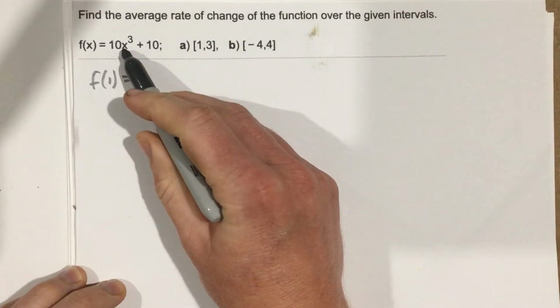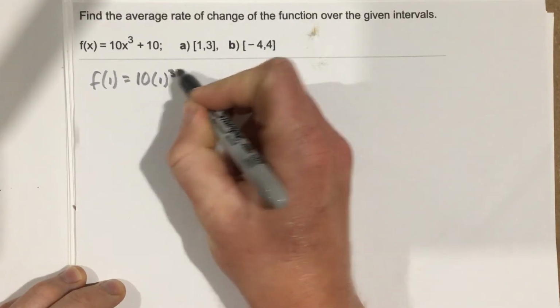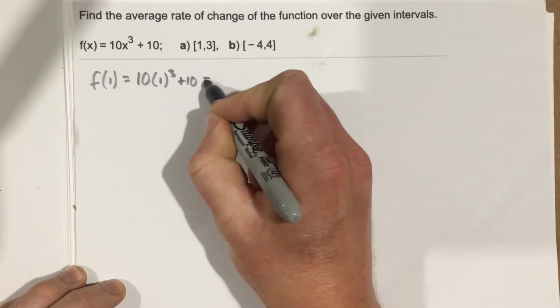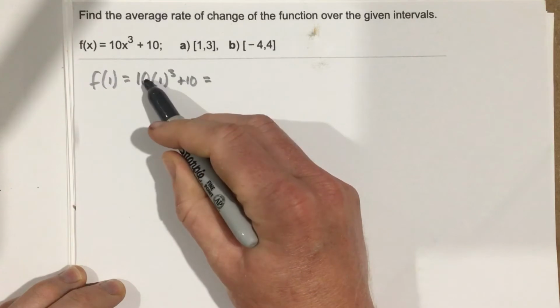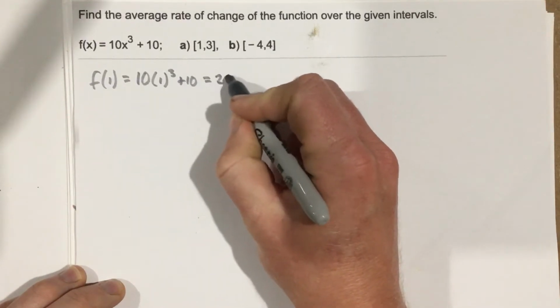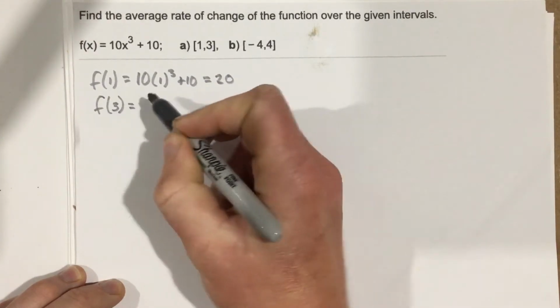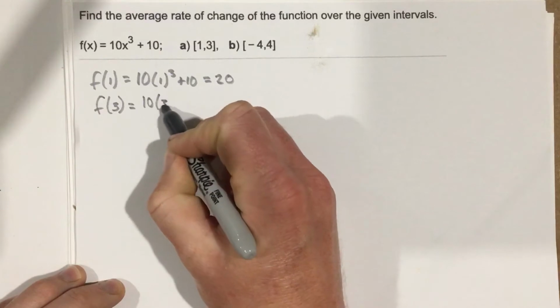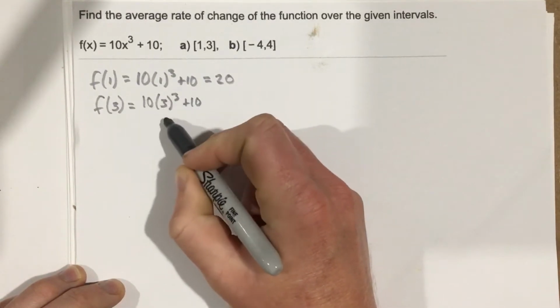When we plug in f of 1, we end up with 10 times 1 cubed plus 10, which is 1 cubed is 1, times 10 is 10, plus 10. We end up with 20. And then now we're going to plug in f of 3, and we get 10 times 3 cubed plus 10. 3 cubed is 27.